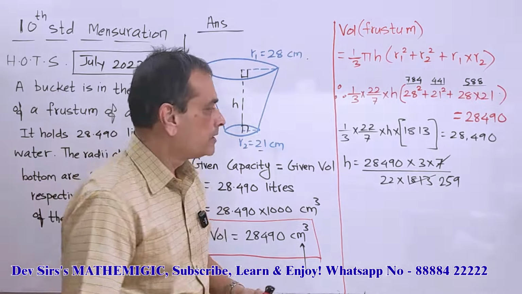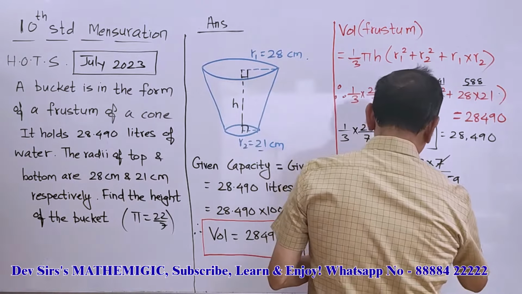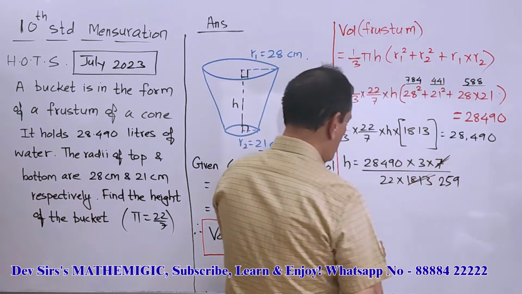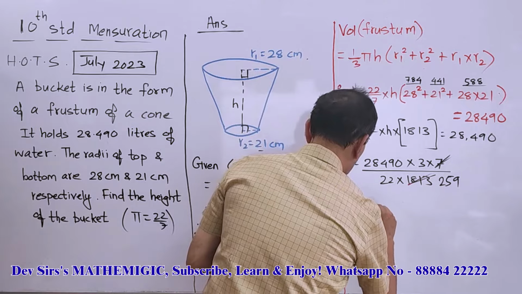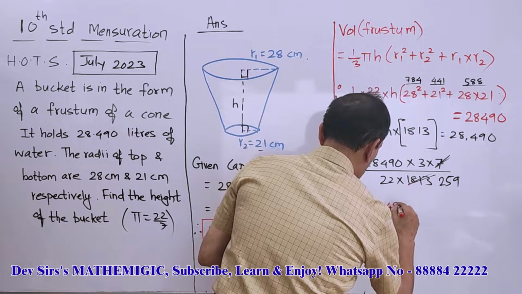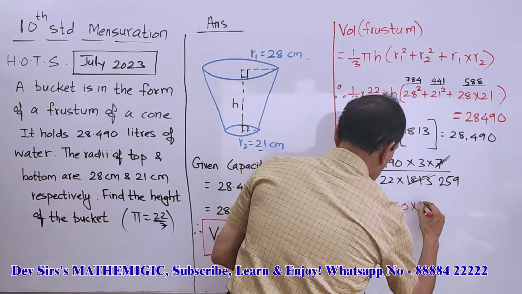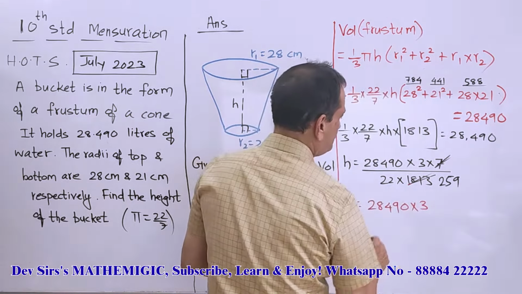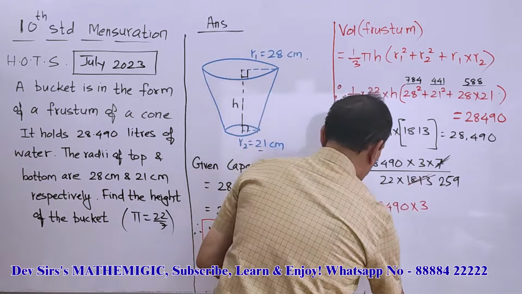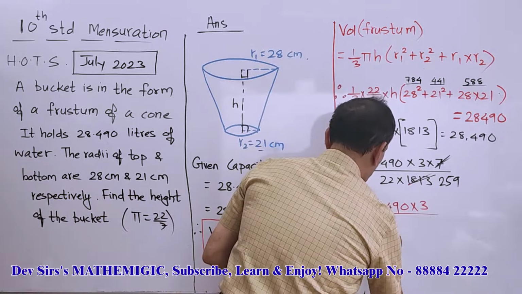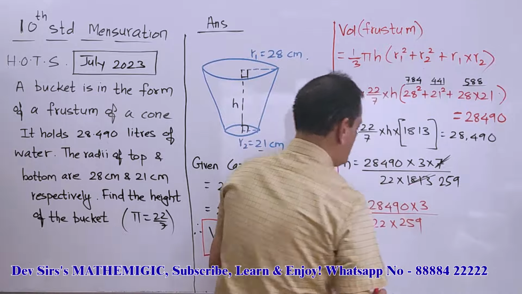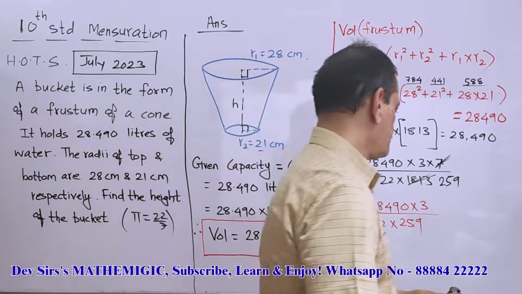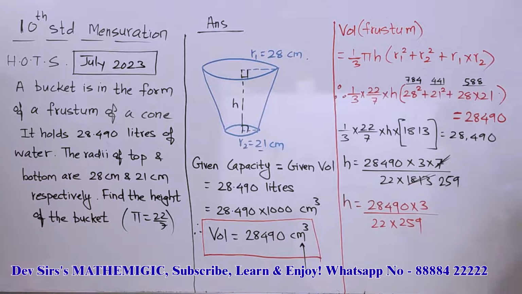That's how you decide. So ये दोनों कैंसिल हो गया है. What we are getting is into 3, 3 वैसा ही है, 22 into 259, इतना बच गया है.